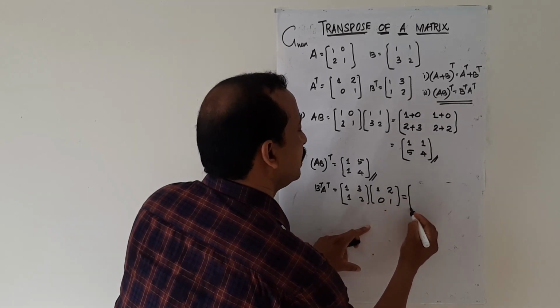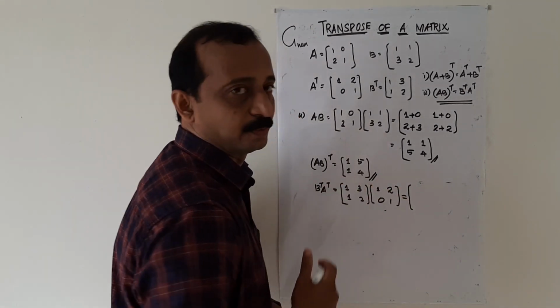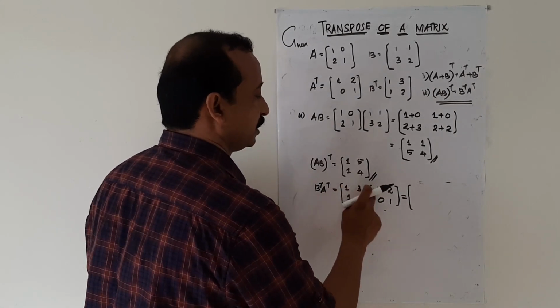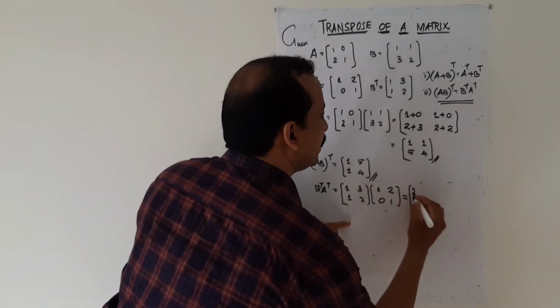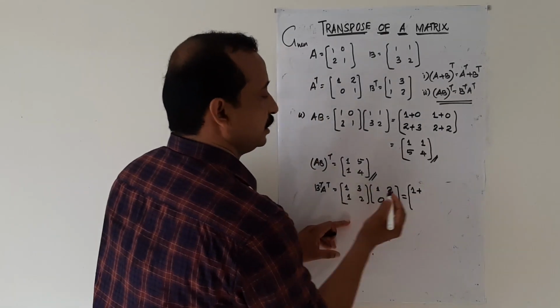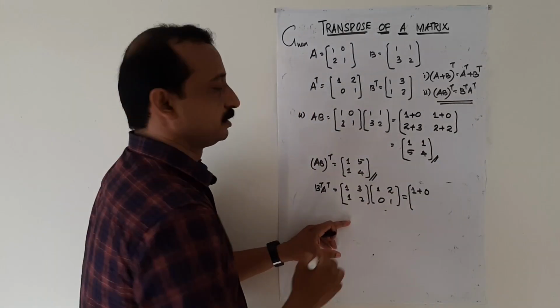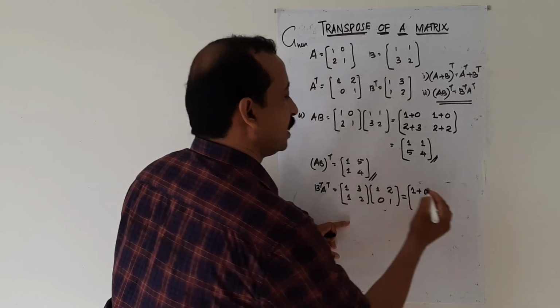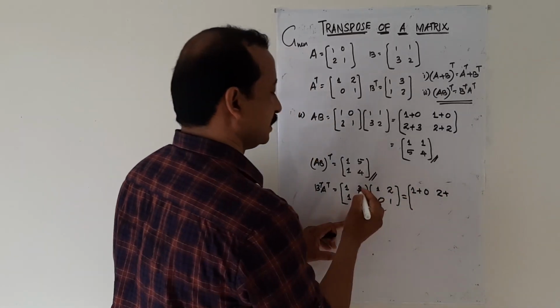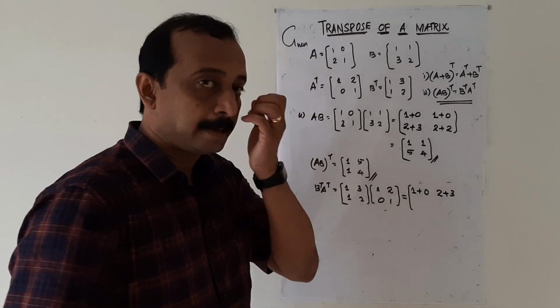Again using matrix multiplication, first row first column, 1 into 1 is 1 plus 3 into 0 is 0. Then first row second column, 1 into 2 is 2 plus 3 into 1 is 3.